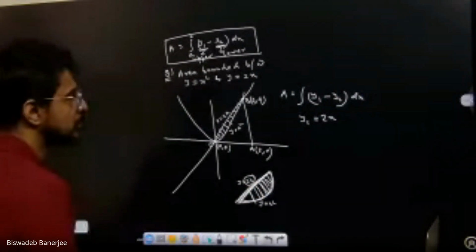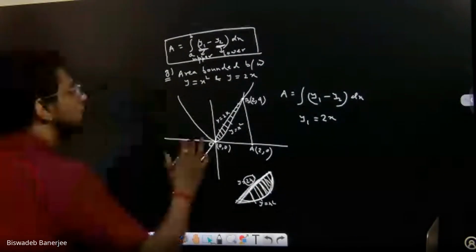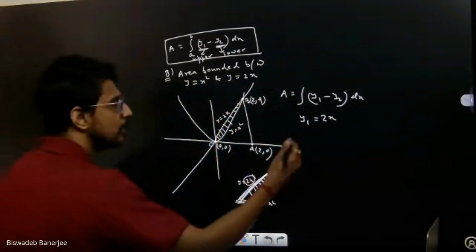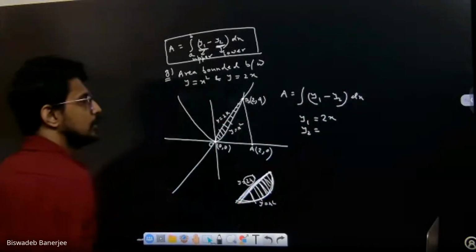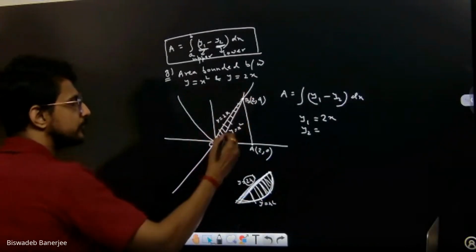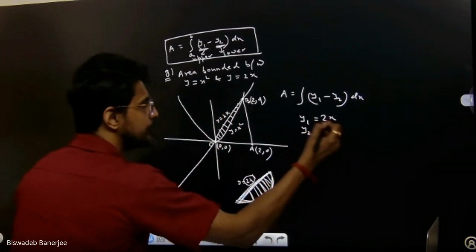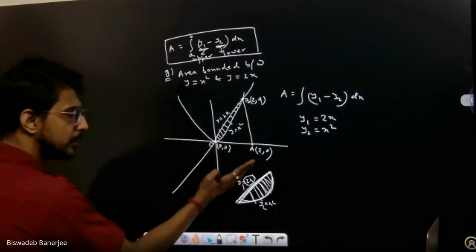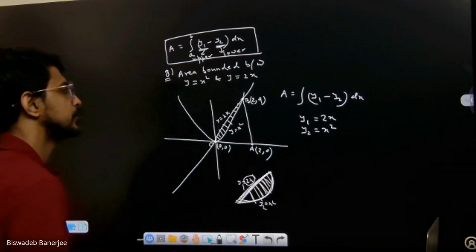What is the concept of this question? Here y1 is my straight line, which is 2x, and y2 is my parabola, that means y2 equals x squared. y1 lies in the upper part and y2 lies in the lower part.